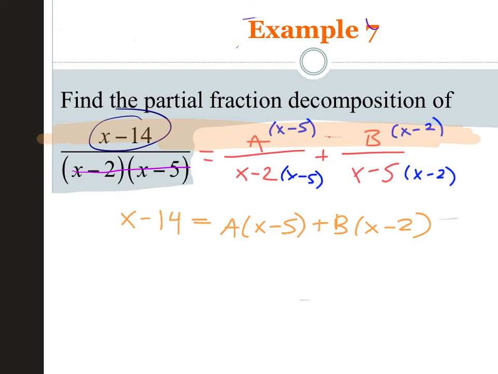Now, what values can we plug in for x? Five, because that would make this 0. And then 2. Perfect.